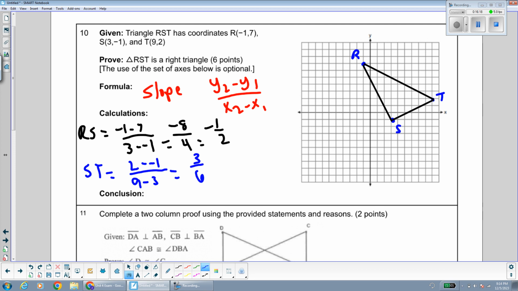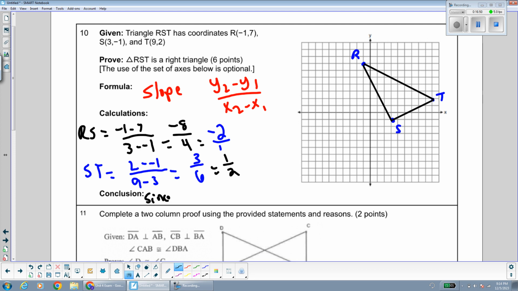Oops, my bad. I can't do math today. This is why I should be using a calculator. -8 divided by 4 is -2. You can put that in a calculator. So that's -2 over 1. And 3 over 6 reduces to 1/2. So we do have opposite reciprocal slopes. So we do have perpendicular lines, which means we have a right angle, which means we have a right triangle.